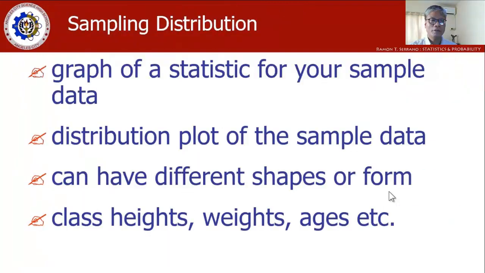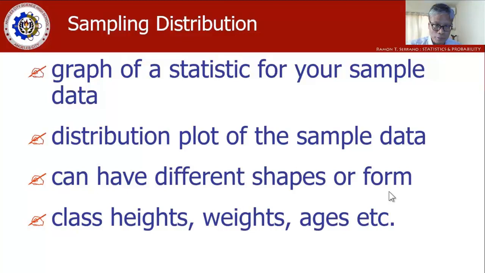Now, the sampling distribution. What is a sampling distribution? Just like any distribution, it is the graph of a statistic for your sample data. Meaning to say, if you get the sample, I will graph them. Maybe it will form a normal curve, maybe it's a uniform or flat curve, maybe it's increasing, maybe it's going down.